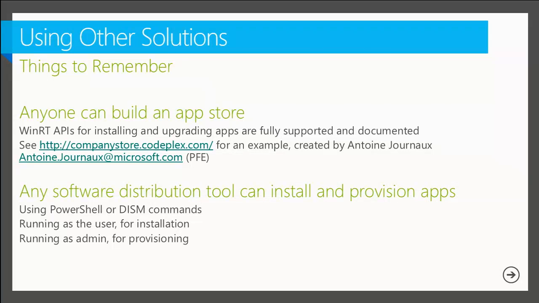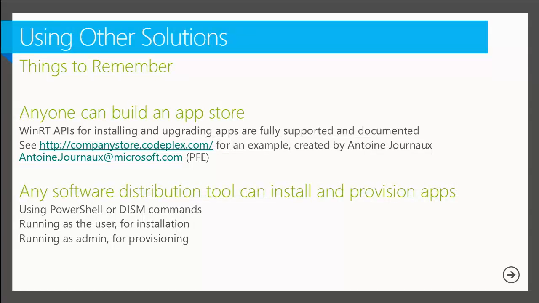So like we talked about before, you can build your own application store. There are APIs for doing that in the WinRT APIs that are used for these modern apps. There are some interesting gotchas on using those, though, because you can't call those APIs from a modern UI app itself. You had to call them from a desktop application. So you may have to build a desktop application to install modern apps, but certainly doable.